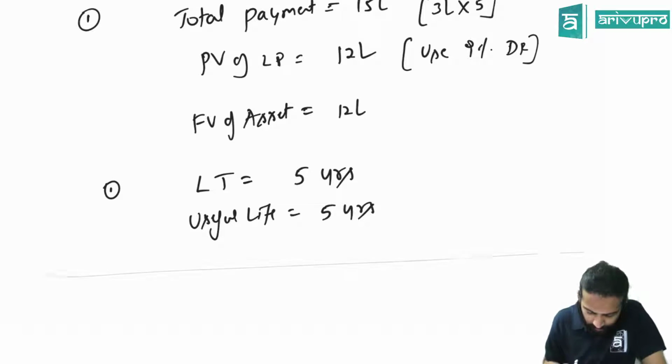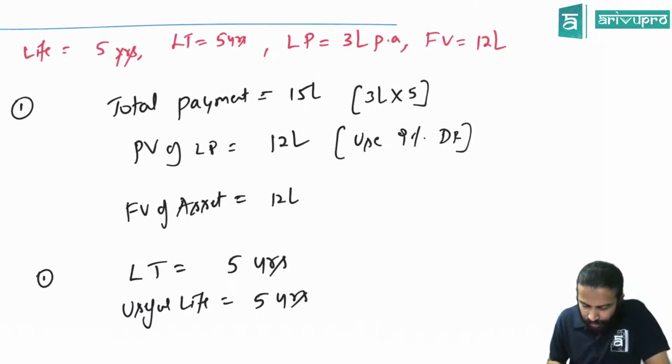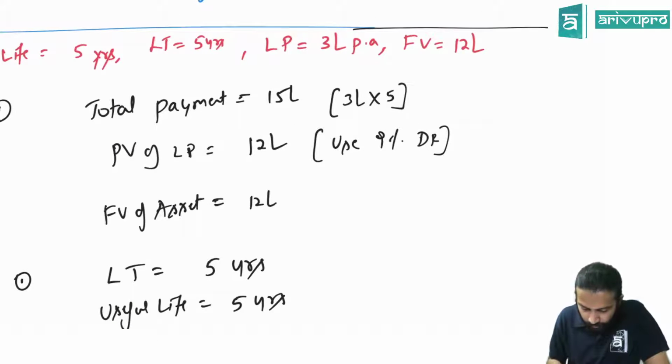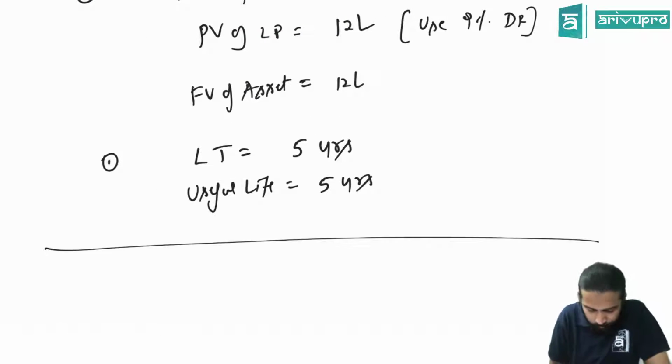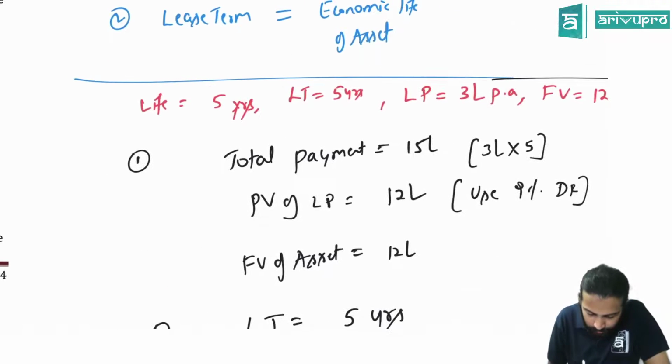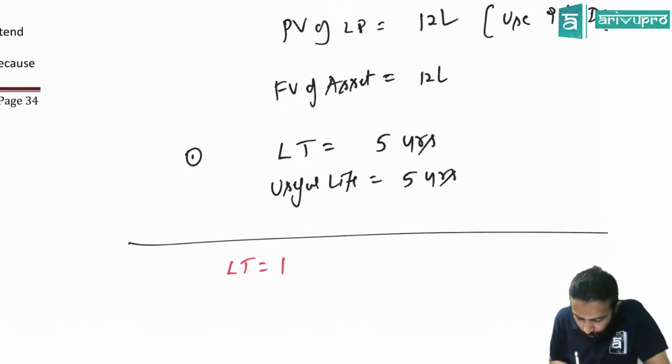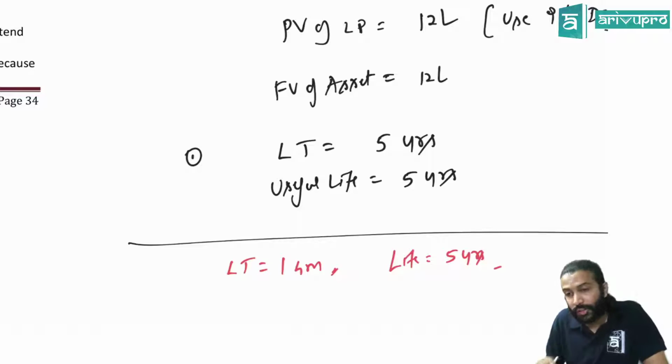Or maybe let's continue in this example. Maybe I'll just modify this example. Okay? In this case, you tell me. Lease term. How much was the original lease term? 5 years. Let's say lease term is 14 months. Life of the asset is still 5 years.